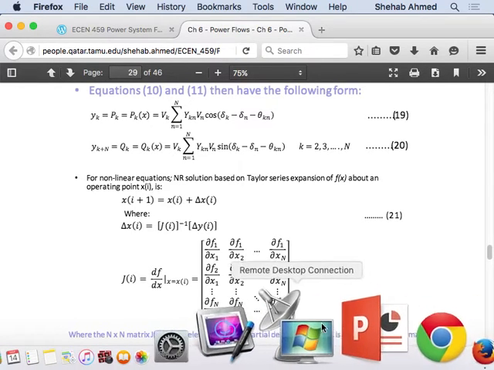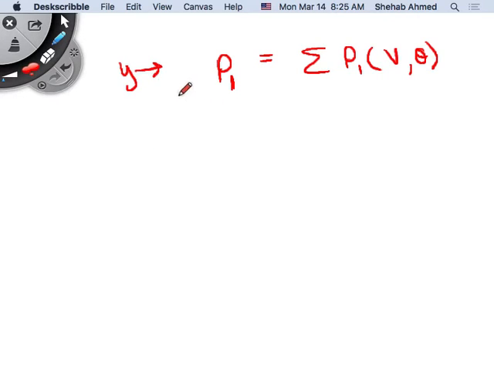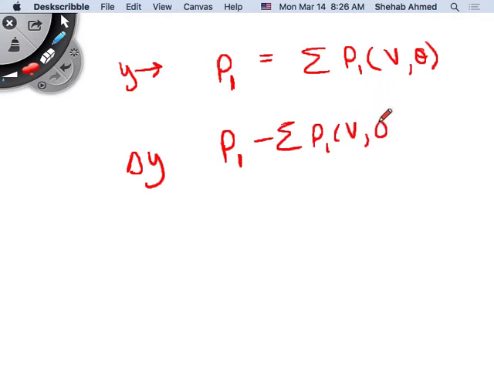So at a specific bus, I know p1, and it is equal to some summation in terms of v's and thetas. It's the power in terms of v and theta from my power flow equation. This is what I started with. The delta y vector is basically the known value minus this summation.